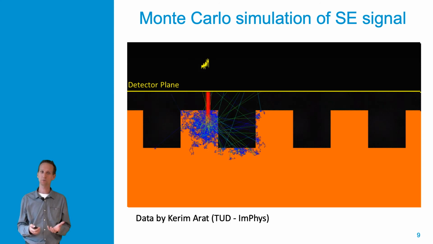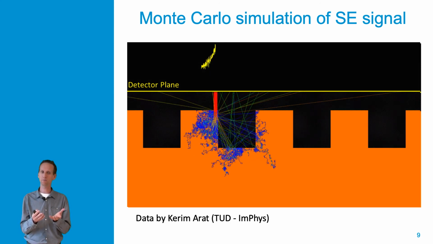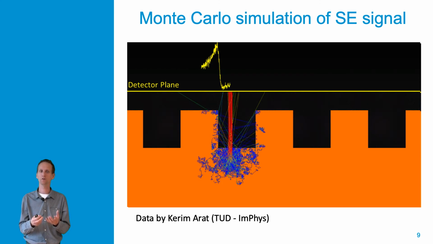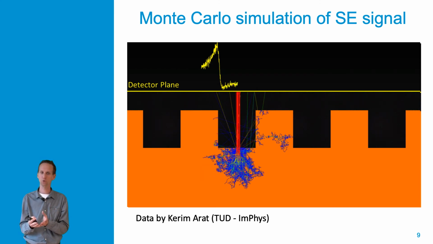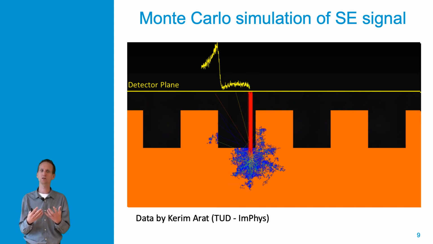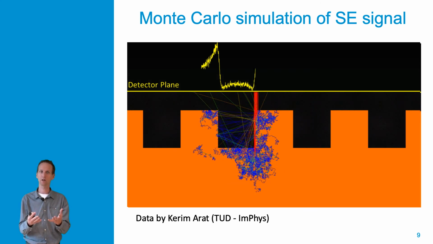Now I will start the simulation. You will see the electron beam going over the sample. You will see that a different fraction of the interaction volume gets exposed to the outer surface, and above the detector plane you see the total amounts of electrons collected on this plane depicted in a curve, so the detected intensity.